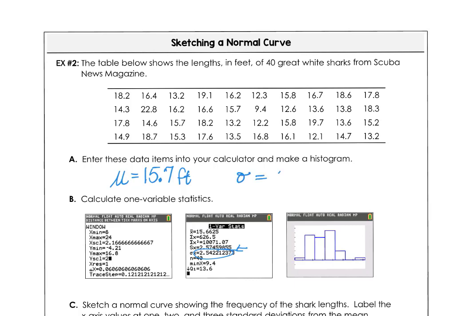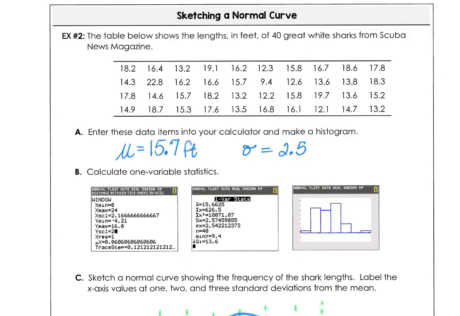Using that data, I found that the lowest number was 9.4 and my highest number was 22.8. And I took the sigma and I added 2.5 to 15.7, and then I subtracted 2.5 from 15.7.